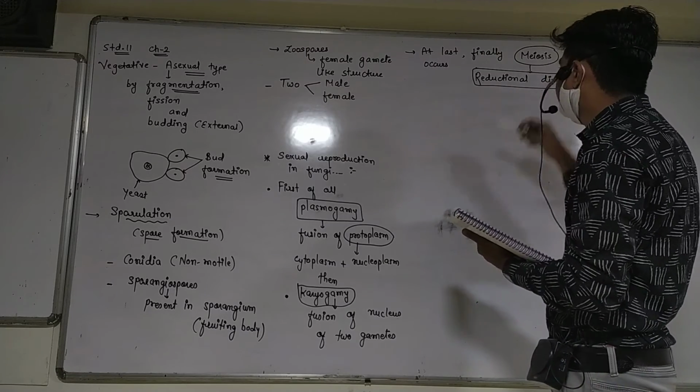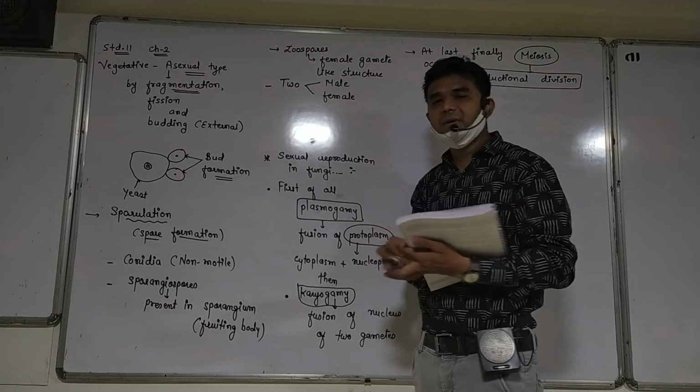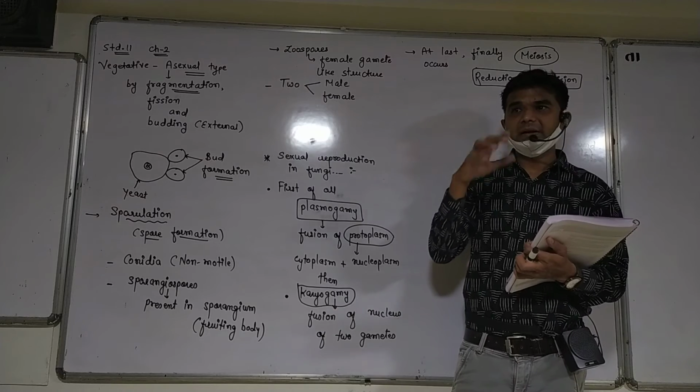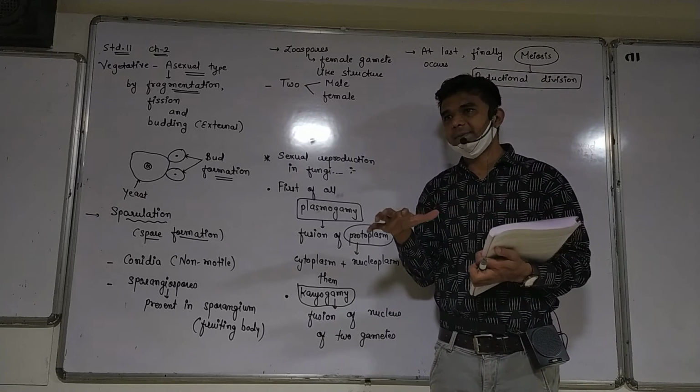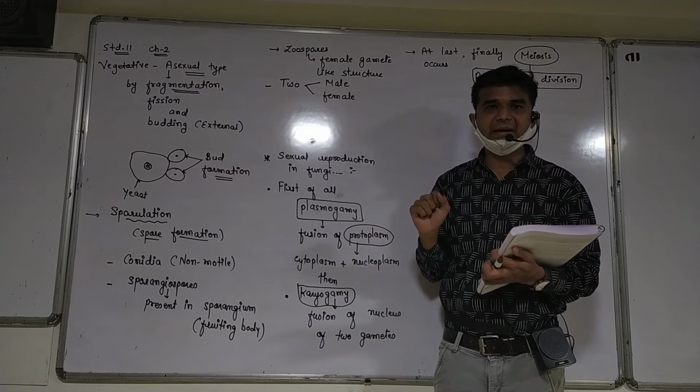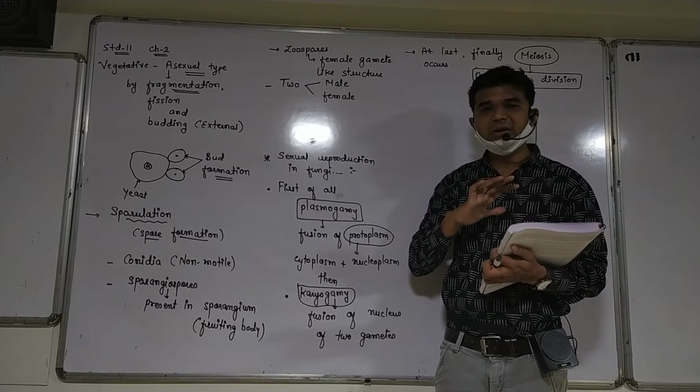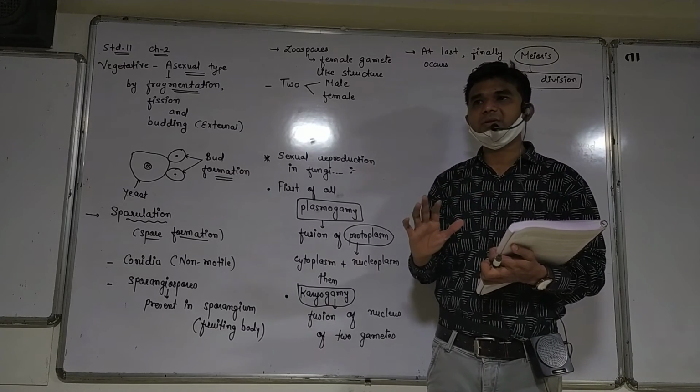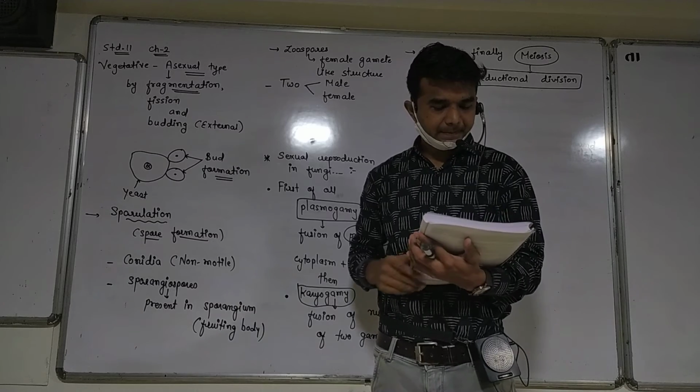Reductional division occurs, meiosis, and at the end of meiosis many fungi are developed, and these are all totally varied because variation is seen here.